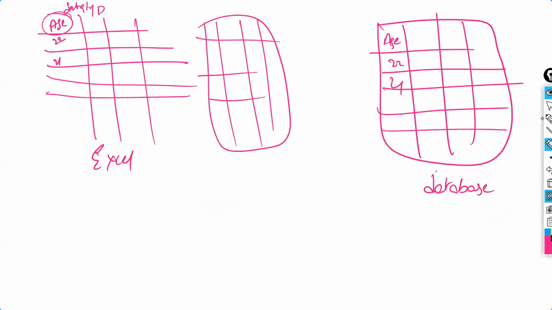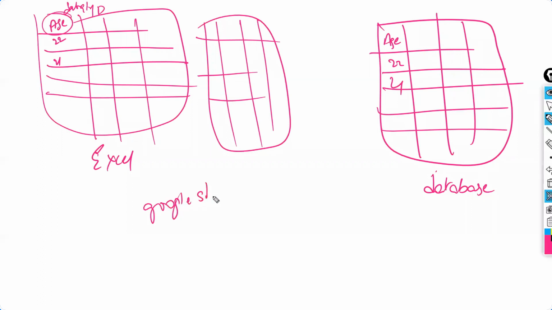Next advantage in the database: in the Excel sheet, for example, I have shared a Google sheet with you and asked you to enter the information. Student 1 enters the number of projects, how many projects he has done: 1. The Google sheet I have shared in the classroom is open to everyone; everyone can write, everyone can edit.